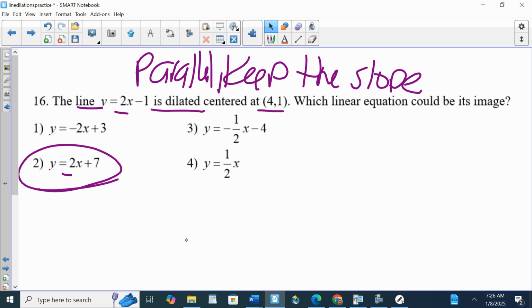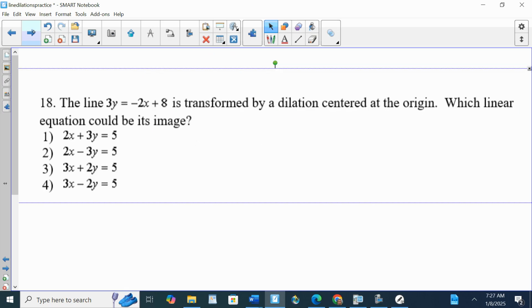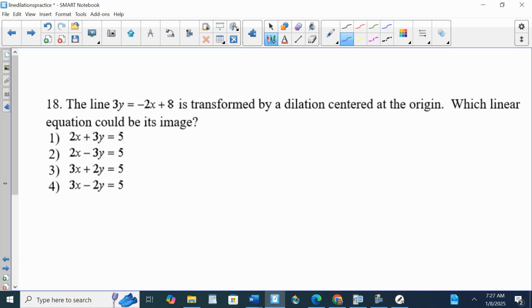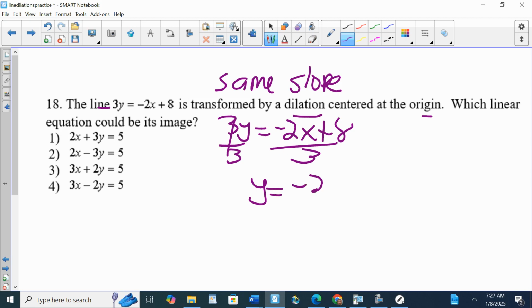Now, usually they probably wouldn't ask you one like this on the Regents. They would ask you one more like this, where you're going to have to get y by itself. But it's the same concept. I'll go over this one quick. The line is dilated. It says the center is the origin, but I don't know what the scale factor is. So all I know is that it is parallel. It must have the same slope. So we get y by itself to find the slope. y equals -2/3 x plus 8/3.